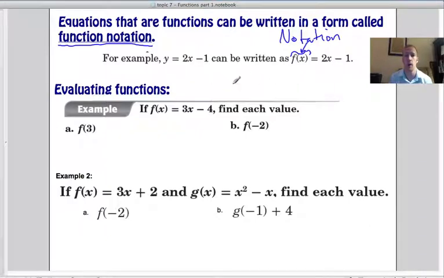So that we call our function, this is like a function name. Alright, f is our function name. So g is the function name here. That's just a different way of writing our function. And then this is just what are we plugging in.